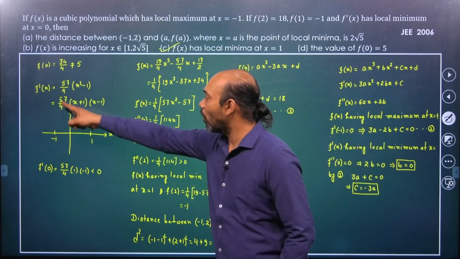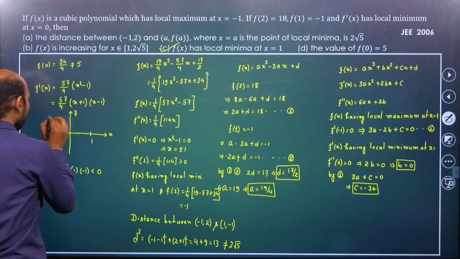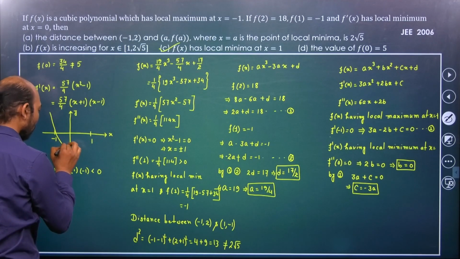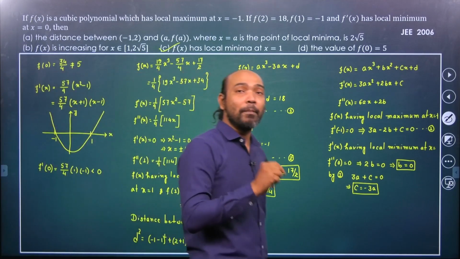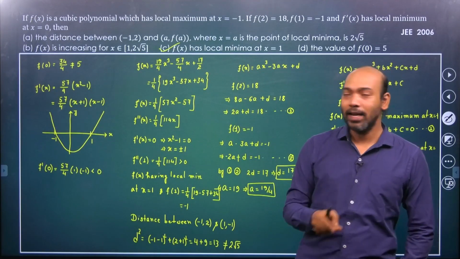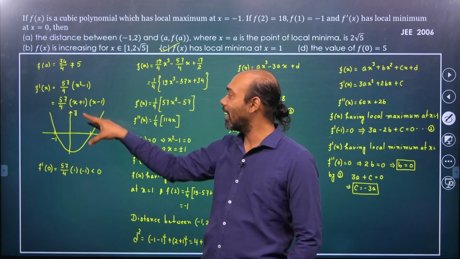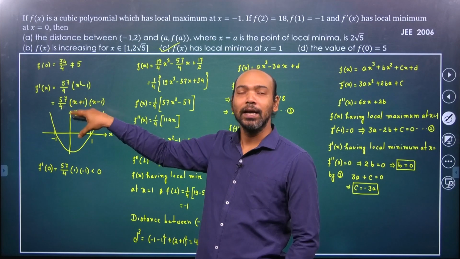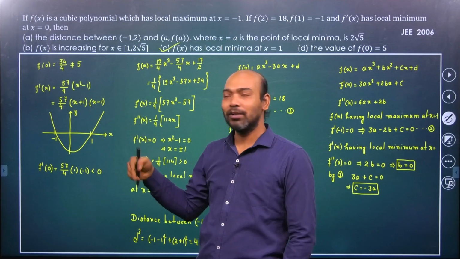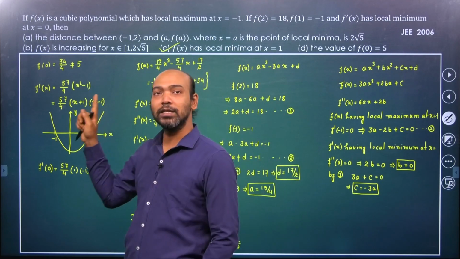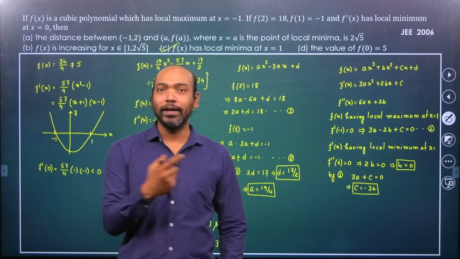So what is the possible plot? The possible plot will be this one. It should come down from here, go down, and then go up, right? Why? Because f dash x must have two zeros, plus 1 and minus 1, and it is negative in between, so it cannot be the upward way. And it is a polynomial of degree 2, so it definitely represents a parabola, upwards or downwards, right? Or you can take that the coefficient of x square is positive, so it definitely opens upwards, in the understanding of conic sections, okay?